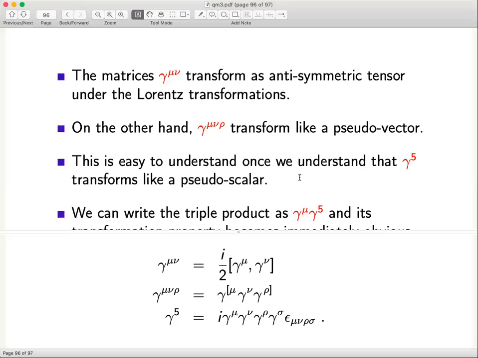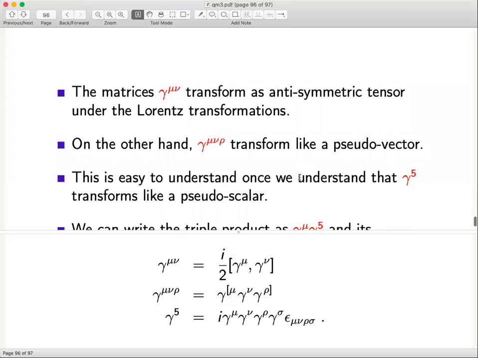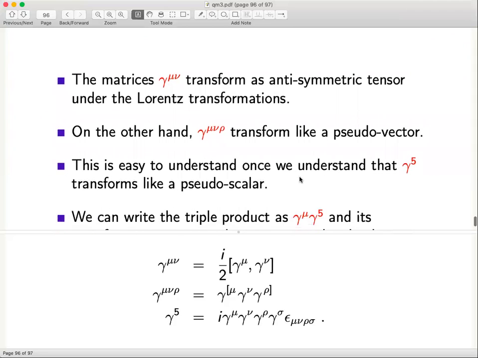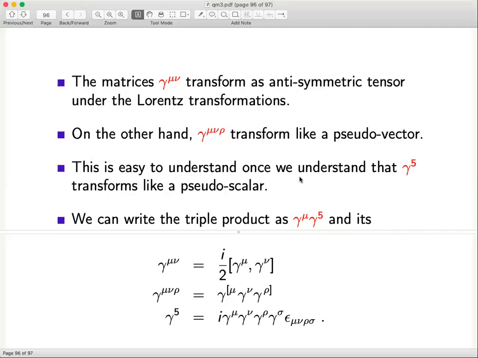Well, pseudoscalar is a quantity which does not transform under Lorentz transformation exactly the way the scalars would. Only difference is that if you look at the discrete transformations in the Lorentz group, in the inhomogeneous Lorentz group, then you have transformations like parity transformation, x vector going to minus x vector, or time reversal transformation, t going to minus t.